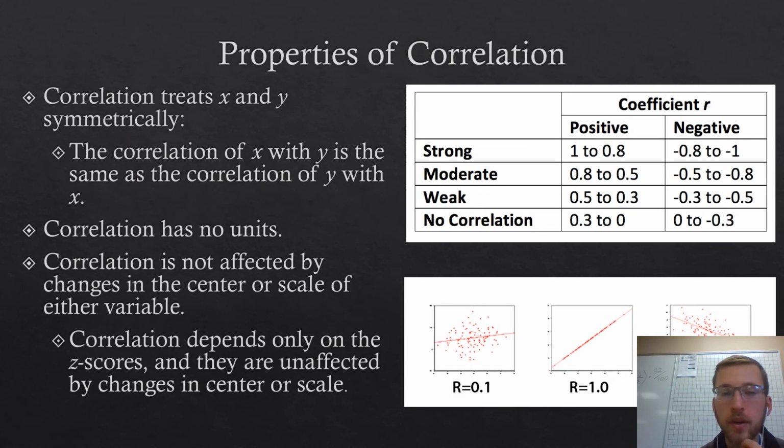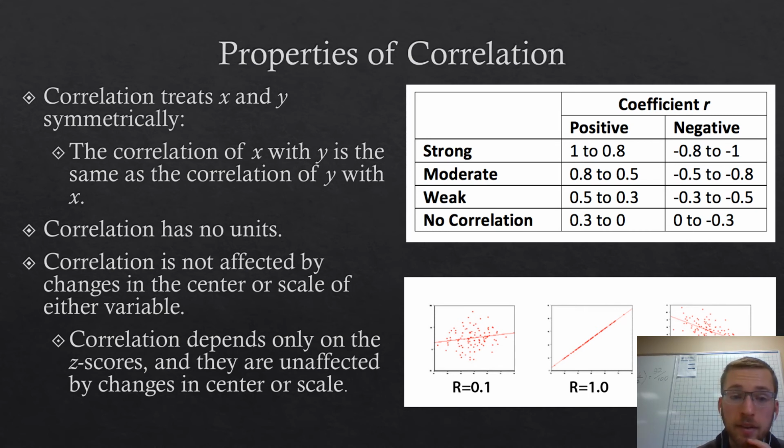So a couple of things when it comes to correlation. Correlation treats X and Y symmetrically. Basically what that means is if we were to flip our X and Y axes, so X turns into Y, Y turns into X, our correlation value would stay exactly the same. Correlation also has no unit, so it's just R equals some number, and that number quantifies how strong our linear pattern is.